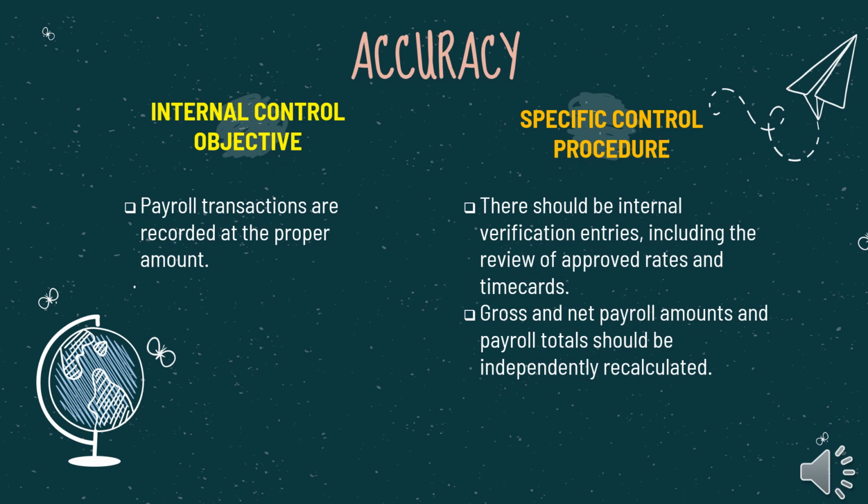The third objective of internal control is accuracy. It means the payroll transactions are recorded at the proper amount. The specific control procedures are: there should be internal verification of entries, including the review of approved rates and time cards. Gross and net payroll amounts and payroll totals should be independently recalculated.